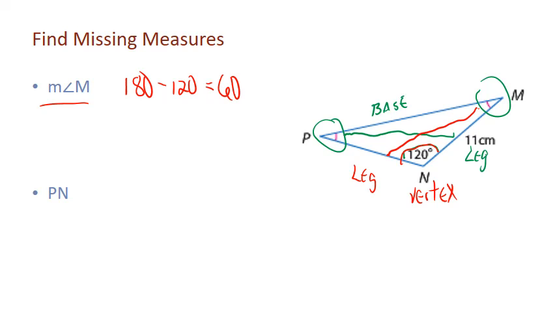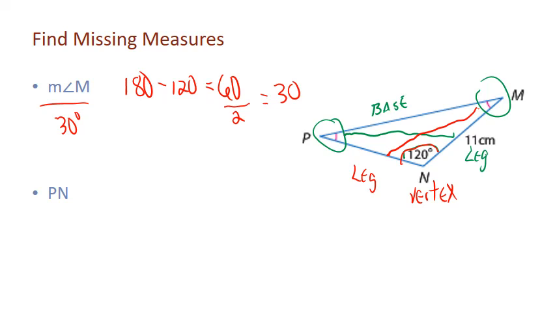And those 60 degrees are for the remaining two angles, which are congruent. So I can simply divide by 2, and that comes to 30. And so the measure of angle M, which is what it asked me, but this would also be true for angle P, is 30 degrees.